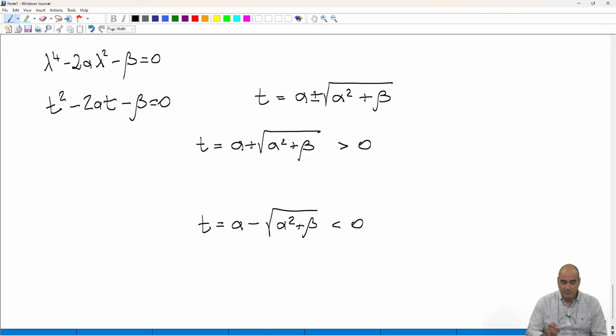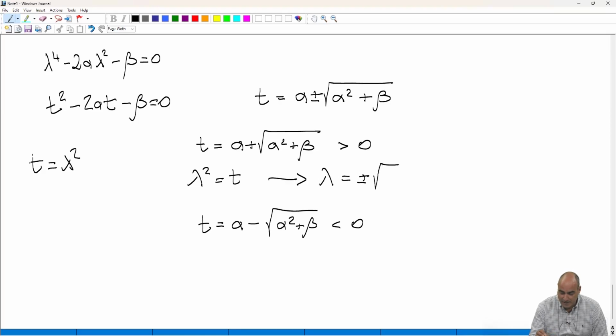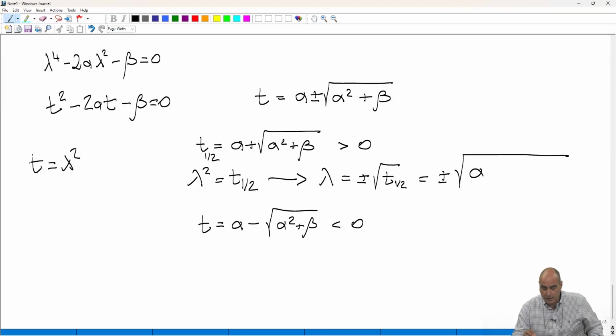Yes and no, because this t is lambda squared. So when I have to extract lambda equal to plus or minus the square root of t1,2, it's okay because I am extracting the square root of a positive number. It will be plus or minus the square root of alpha plus the square root of alpha squared plus beta.